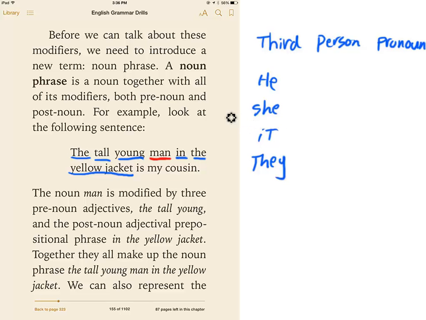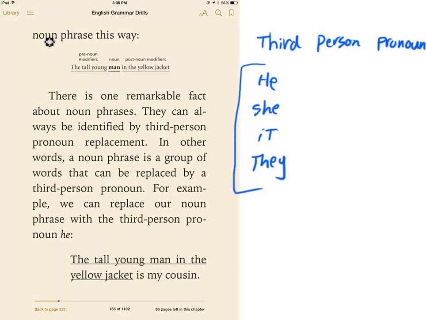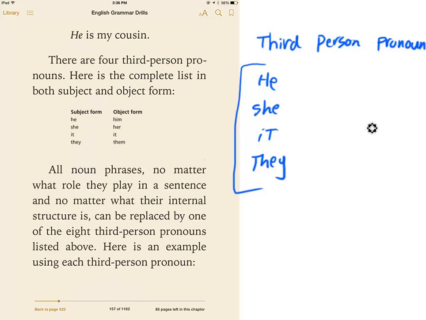Okay, and we're going to get to that in a little bit, but you're going to see that when we replace this set of words with one of these pronouns, the entire noun phrase is replaced. We're going to see that when we turn the page here. So a noun phrase, it talks about that, and then it talks about replacing the noun phrase, and you can read this down here, but we're going to get to where it does that.